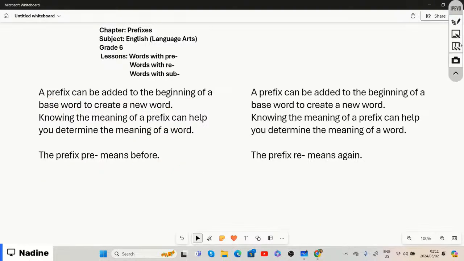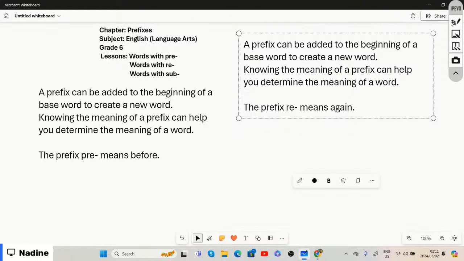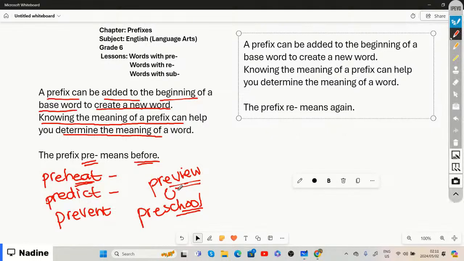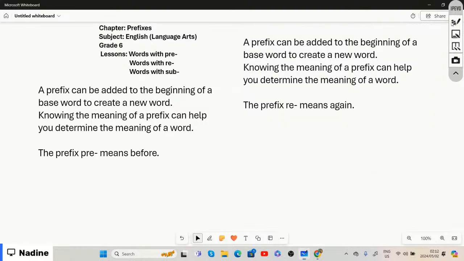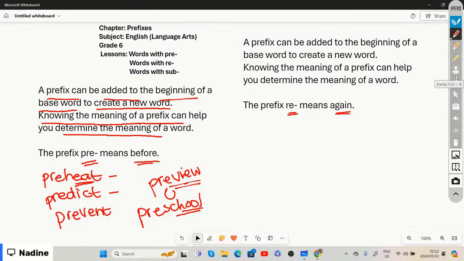Now we are here at re. So the prefix re means again. If we look at a few examples of words that start with the prefix re, we can maybe say remake.